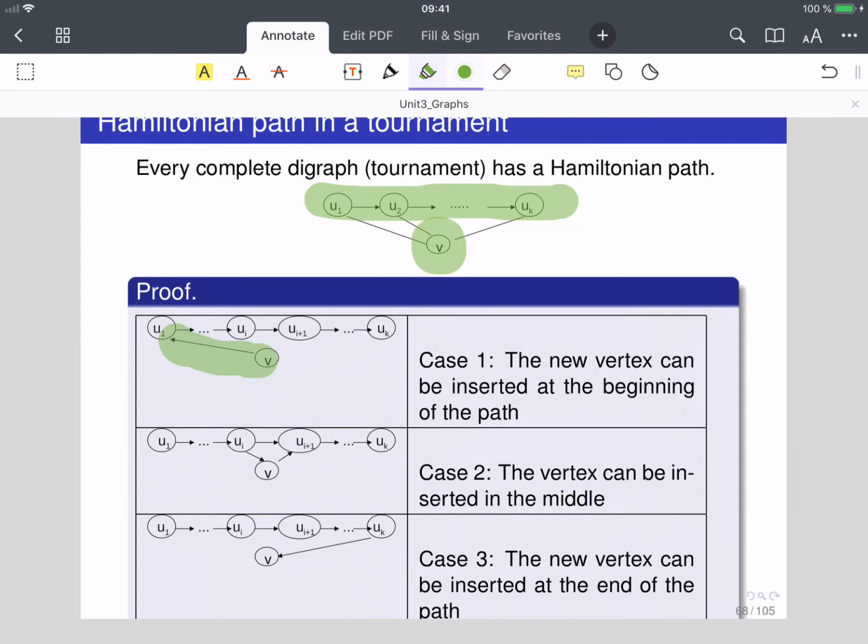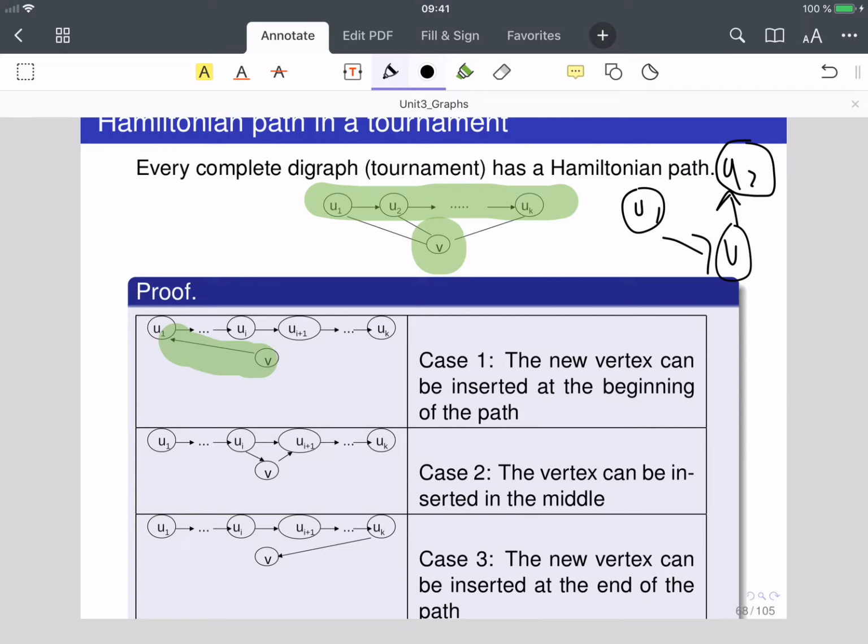Because if we have an arrow from U1 to V, and now we have an arrow from V to U2, then we can insert V between U1 and U2.